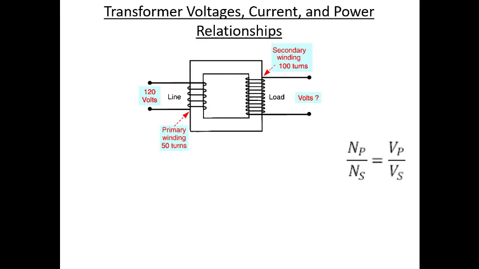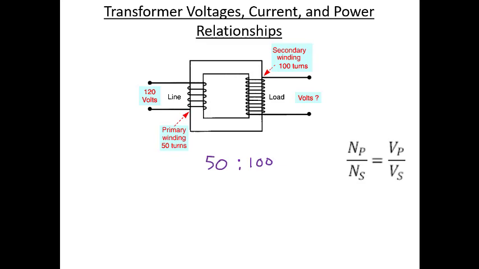All right, so let's look at another transformer. Now we'll notice that this one has a few turns here, and it's got many turns over here. This isn't exactly drawn to scale, but we have a transformer that has 50 turns on the primary, and then it has 100 turns on the secondary.